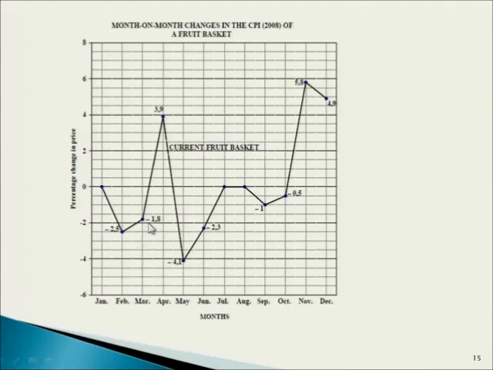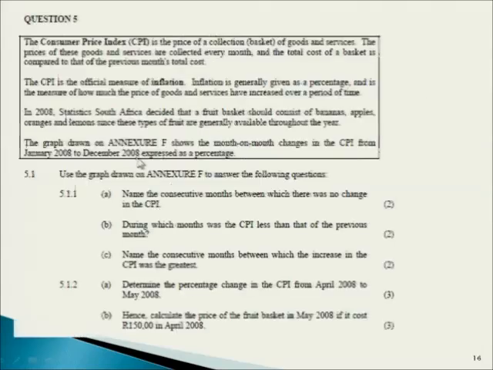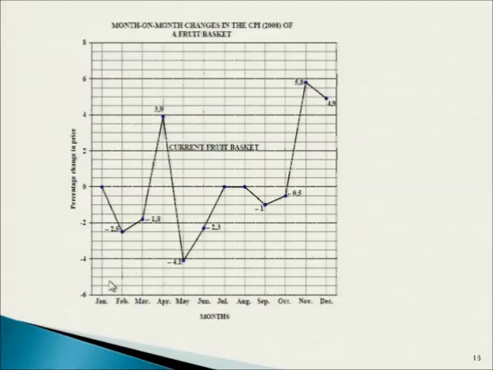The one that is from minus 1,8 to 3,9. Right. So the one that gives you the biggest increase will show you which one was the steepest slope. Now I want to go back to the questions. So the steepest one, sorry, there's a mistake. It was then from October and November.